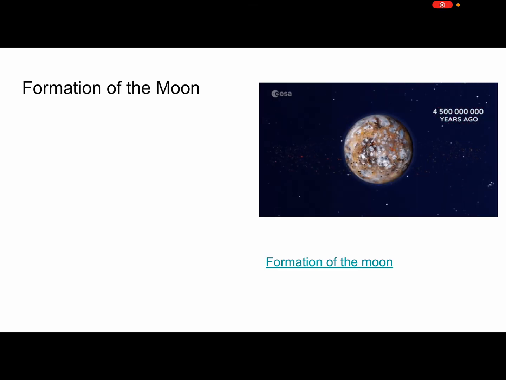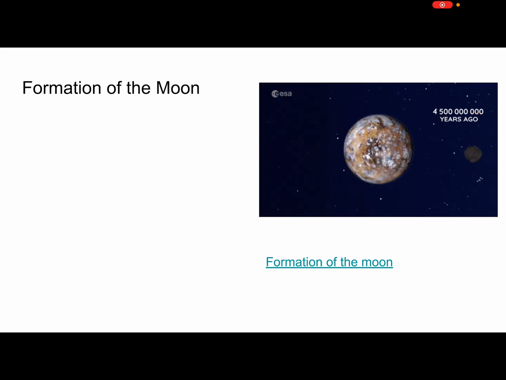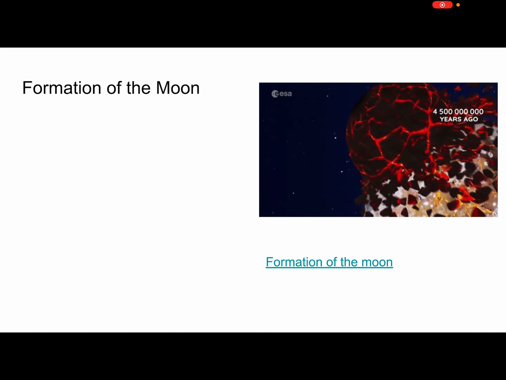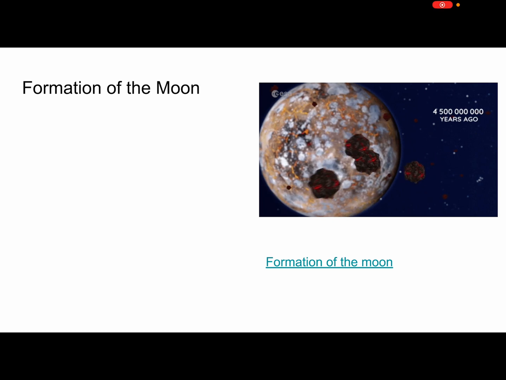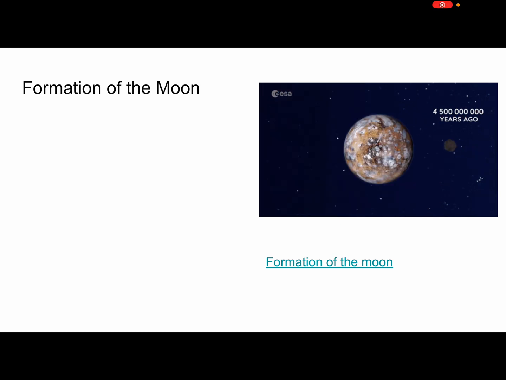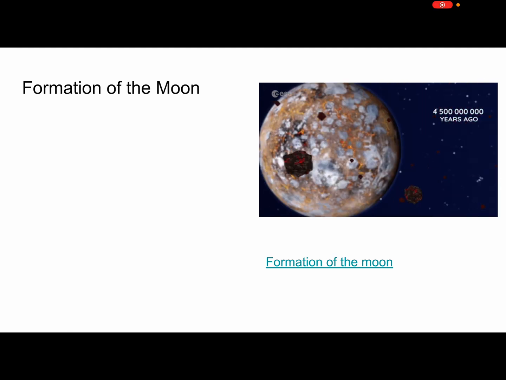Okay, here's another animation where you can see that. So we can see a large object is hitting the Earth, splashes a bunch of the Earth's crust and mantle out into space, and it eventually will coalesce into what is now the moon.